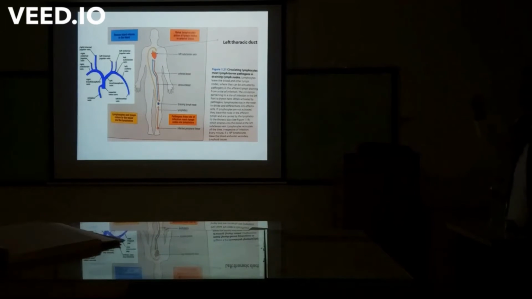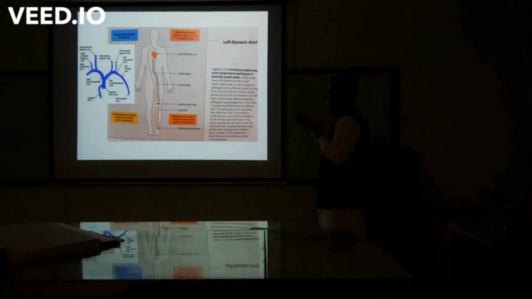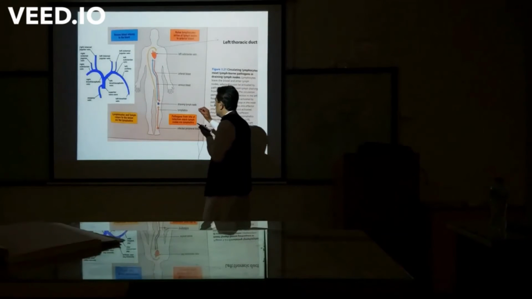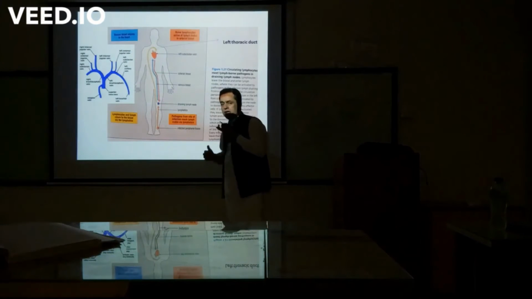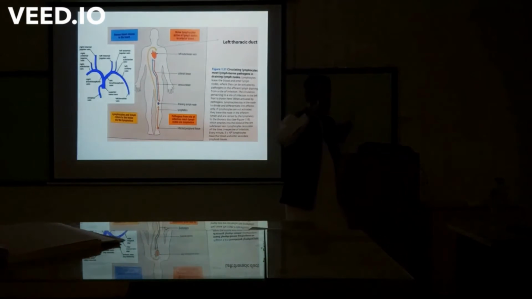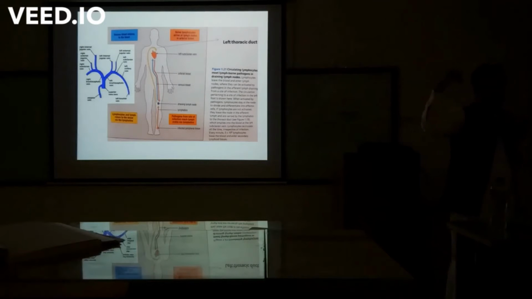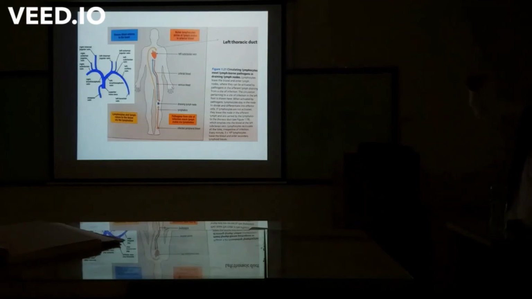There are different valves. These lymphatics are supplied with valves. The valves are arranged in a way to ensure that the lymph just goes in one direction, and it does not go down. And the other question is, where is the power coming from?